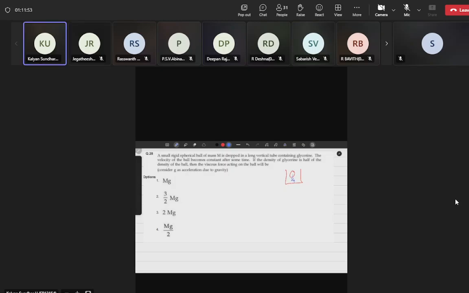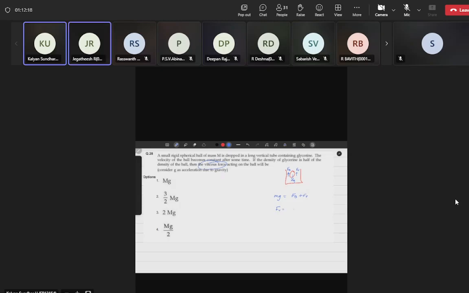This will be mg. Mg is being supported, since it moves at constant velocity, correct? So which forces will be in the upward direction? Buoyancy, and as it falls there will be some viscosity, both will be there, right? So your viscous force as well as your buoyancy force. So mg should be equated with Fv plus Fb. They are asking about the viscous force, right?